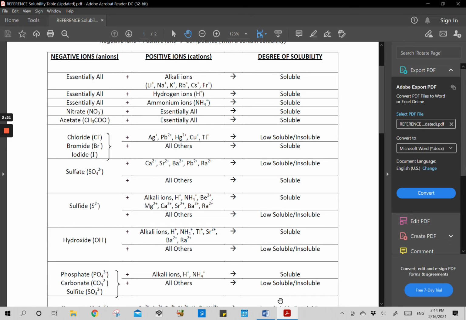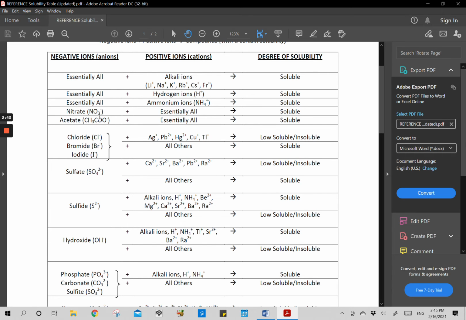On the solubility table, things are listed in terms of anions first and then cations second. So if we look at NO3, NO3 is up here. Okay? Nitrate can dissolve with essentially all positive ions to be soluble.